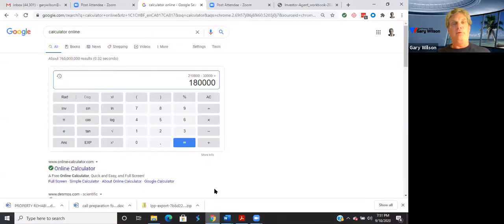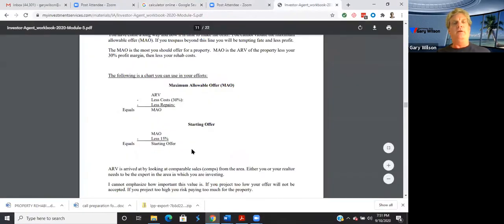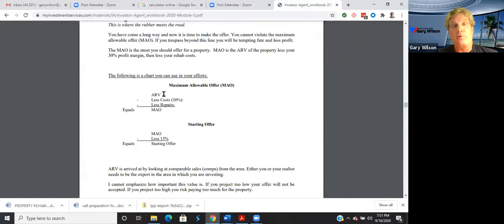The key thing to remember here is this. There's two values we do not budge from. We have to make sure ARV is correct. Either you, the agent, or your investor has to know the area. I think it should be you. You got to be good on your evaluation for the area, so you know what a good ARV is. And we absolutely never budge off the MAO.